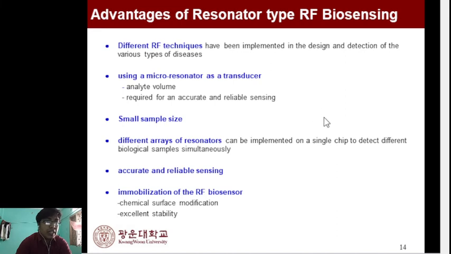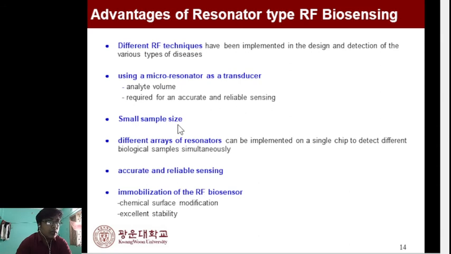Basically, this biosensing technique has a lot of advantages, and we use various types of resonators in it. The first is that RF biosensing techniques have been implemented in the design and detection of various types of disease. Another advantage of using a microresonator as a transducer is that it analyzes the volume required for accurate and reliable sensing.